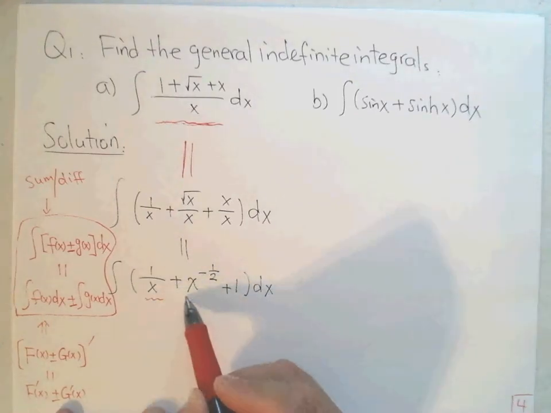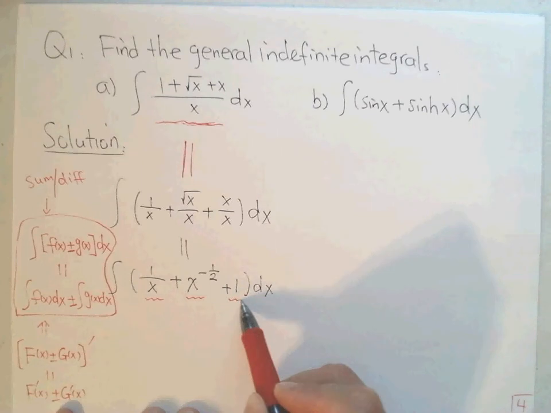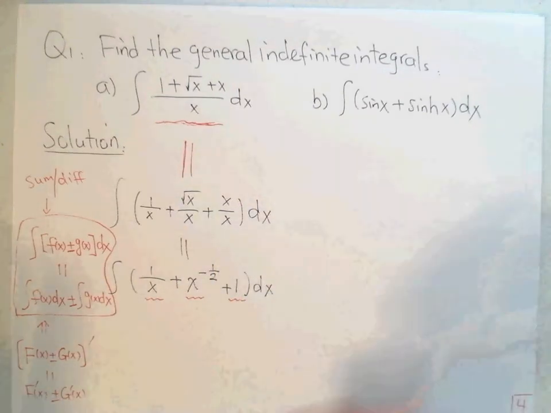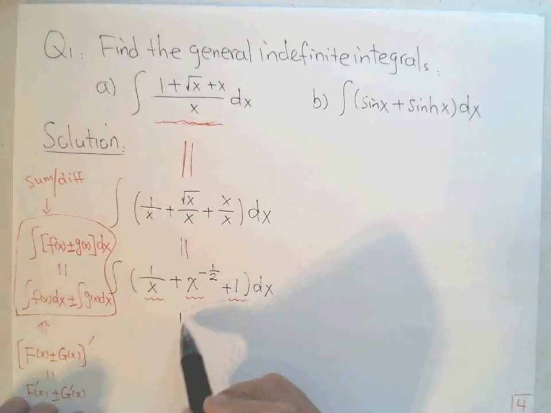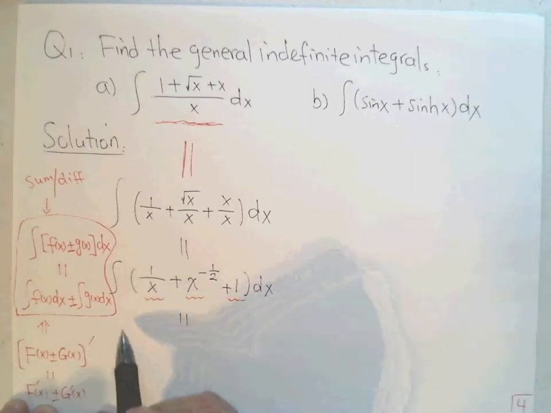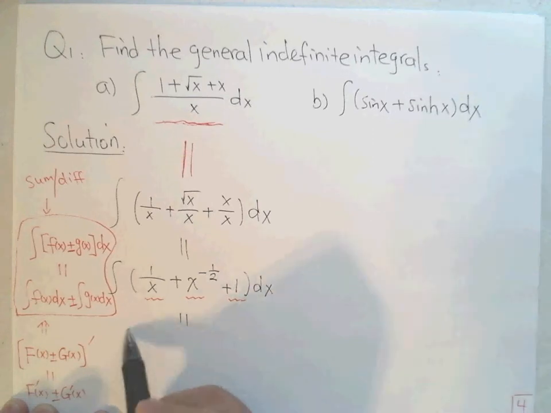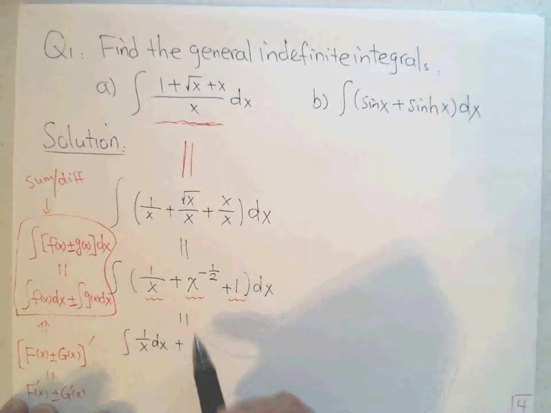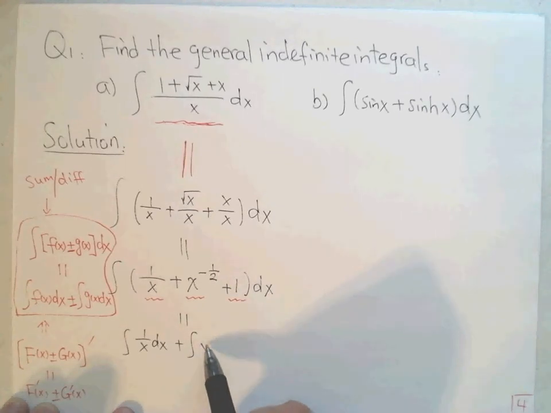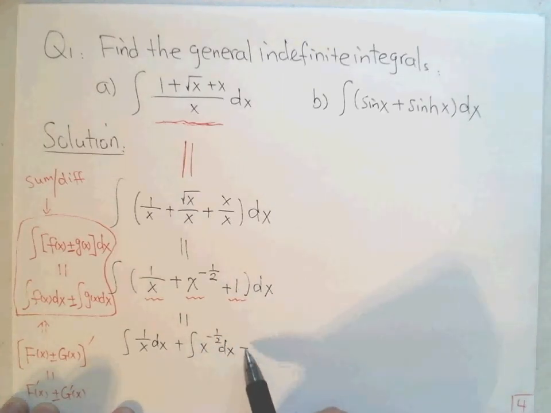Now we have the sum formula, with 1 term, 2 terms, 3 terms. We can separate it into 3 indefinite integrals and do them one by one. The first is 1 over x dx. The second is x to the negative 1/2 dx.